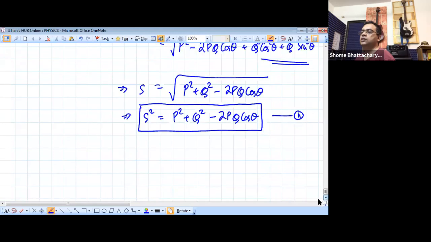So now from equation 1 and 2, you can see that the left hand side of the proof, that is r square plus s square, is how much? It is equal to p square plus q square plus 2pq cos theta plus p square plus q square minus 2pq cos theta.